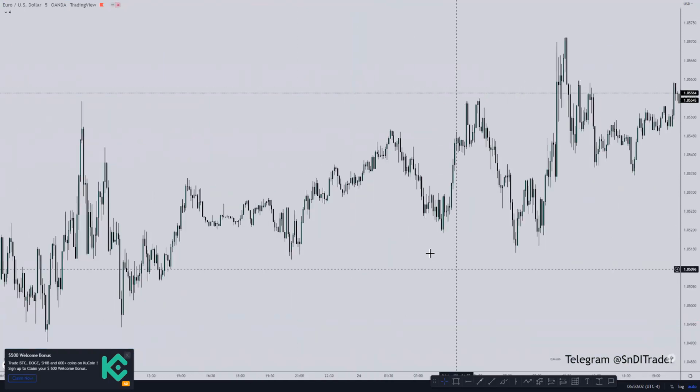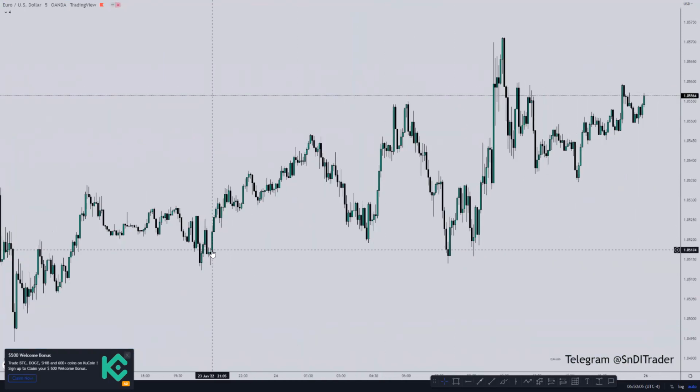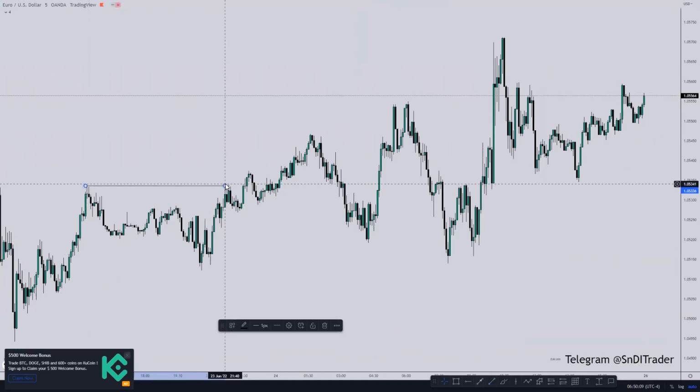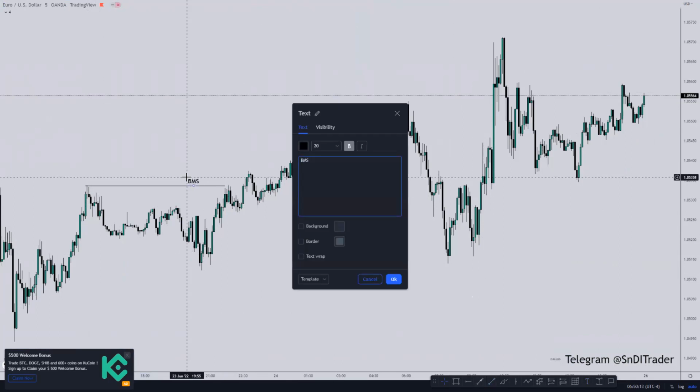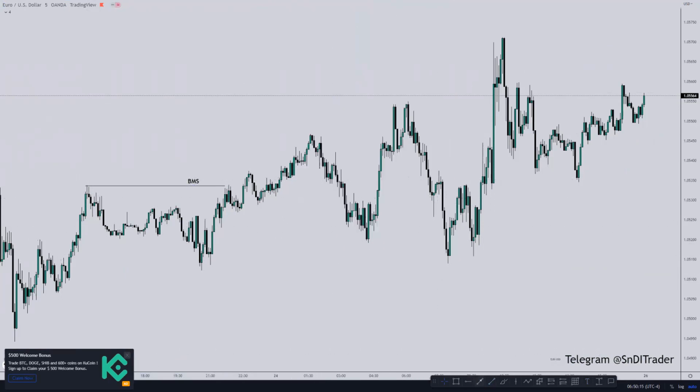Let me give you more examples. You see this low taken out this high, so we have a break in market structure towards the upside. After making this break in market structure, we have this low which failed to fill this fair value gap completely.